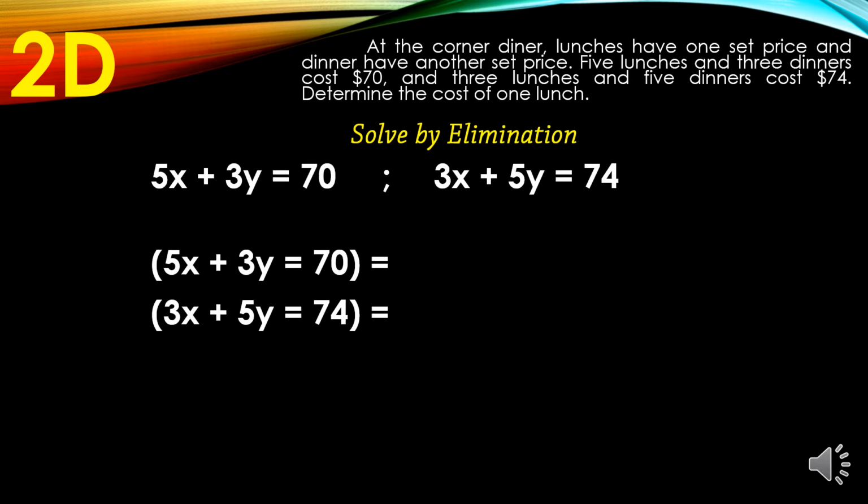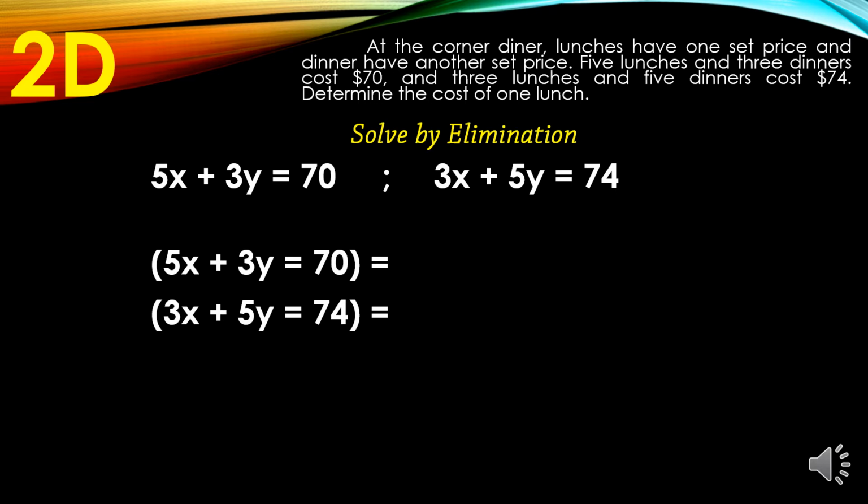And for 5, you just need 5, 10, 15. So to make your 3 into 15, we multiply it by 5. To make our 5 into 15, we multiply it by 3. So that is their common multiple.